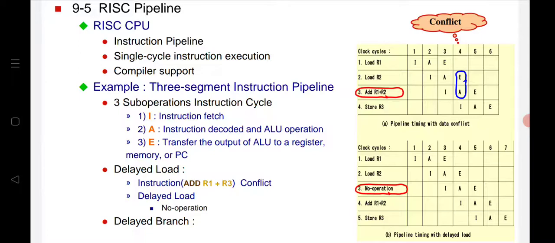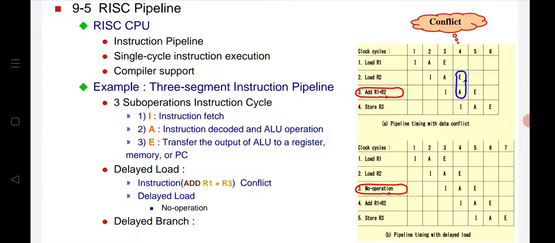This brings the conflict. Why? Because the second instruction should be executed before the third is decoded and the ALU operation is performed, since I want that particular R2 register value, whereas R2 is not yet loaded. It is loaded at that same time. So that acts as a conflict.